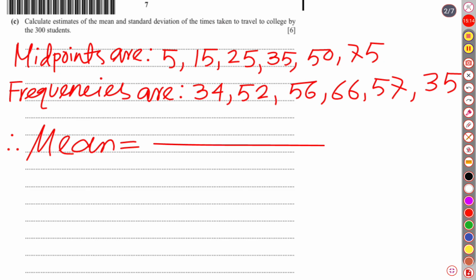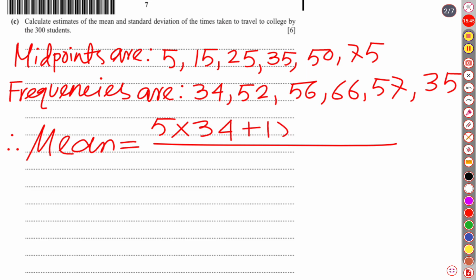I think it is not necessary to write the formula, since from grade 8 or 9 you have been finding means. We are just writing directly.